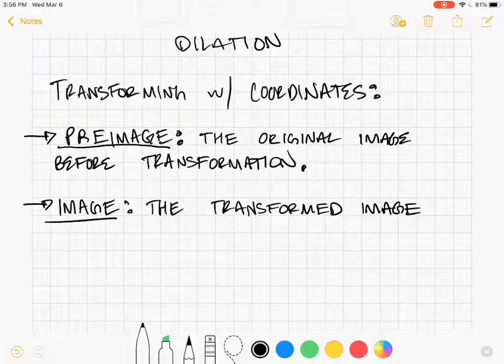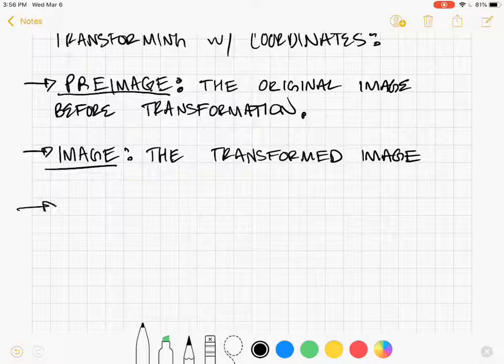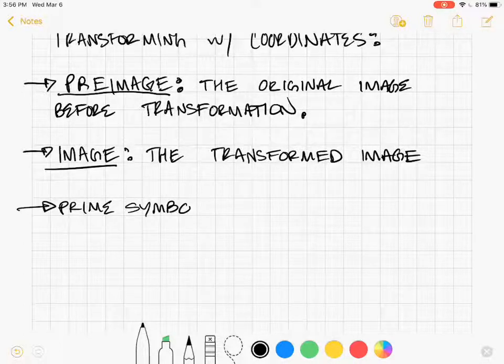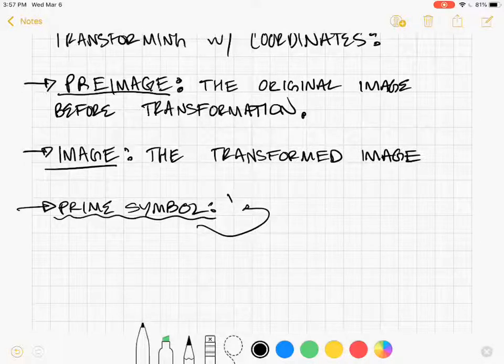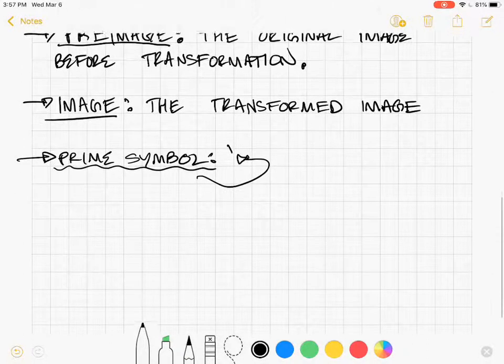We're also going to have something called the prime symbol, and this is our last vocab word you need to know for today. The prime symbol is just an apostrophe. The prime symbol is that guy right there, an apostrophe. The prime symbol belongs to the image.